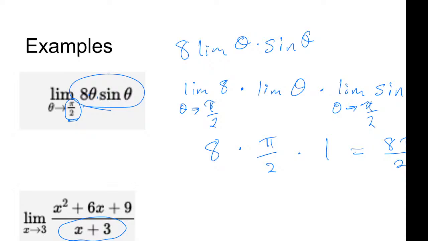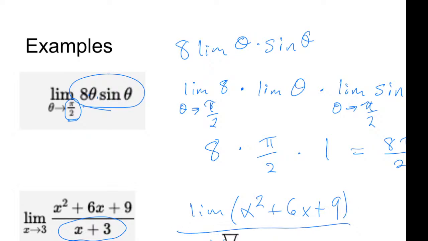It's not going to cause us any problems. So again, we could just say the limit of x squared plus 6x plus 9 all over the limit of x plus 3. Do it individually. And if you want, you could break it down with the sum rules, into all the little pieces. Yes?